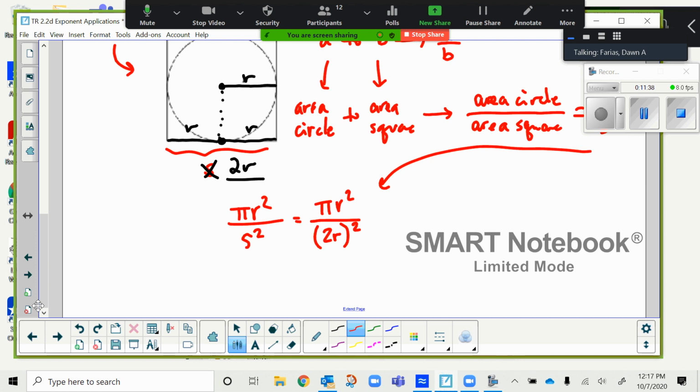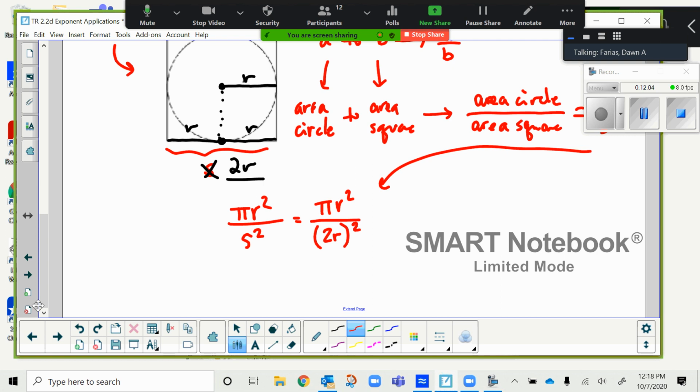So we have a ratio of the area of the circle compared to the area of the square, but we need to write it in simplified form. So here's where our exponent rules come into play. Look at the denominator, the stuff on the bottom. There's two things inside being multiplied. That's called a product.